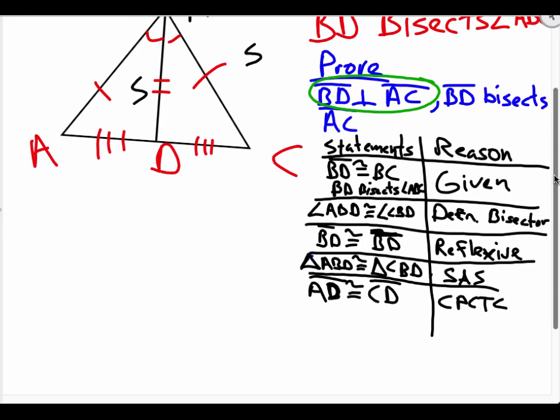Now, what that lets me say is that line segment BD bisects AC because it splits AC into two congruent parts, right? And so that's good.